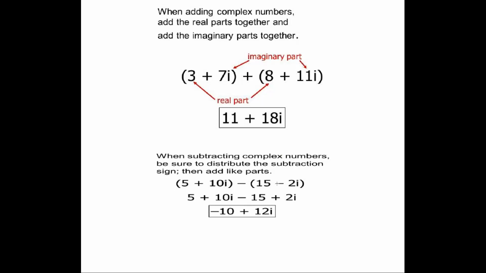So 5 minus 15 turns out to be minus 10. For the imaginary part, the first imaginary part is 10, and the next is minus 2, so 10 minus (minus 2) is 10 plus 2, ultimately 12. So the resulting complex number is minus 10 plus 12i.